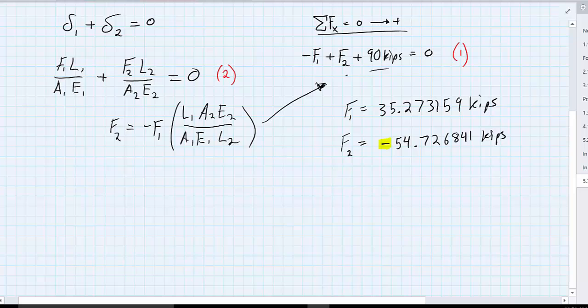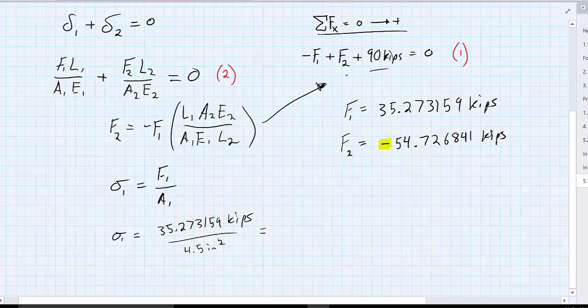So now we can find the stress of member 1, which equals the force of 1 divided by the area of 1. So the stress of 1 then equals 35.273159 kips divided by our 4.5 inches squared, and that should equal 7.4 kips per square inch, and this is in tension.